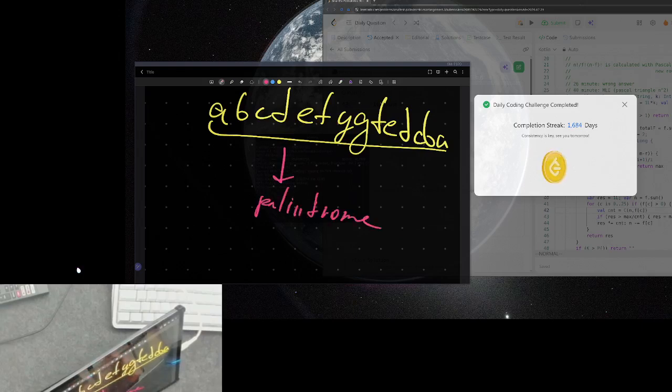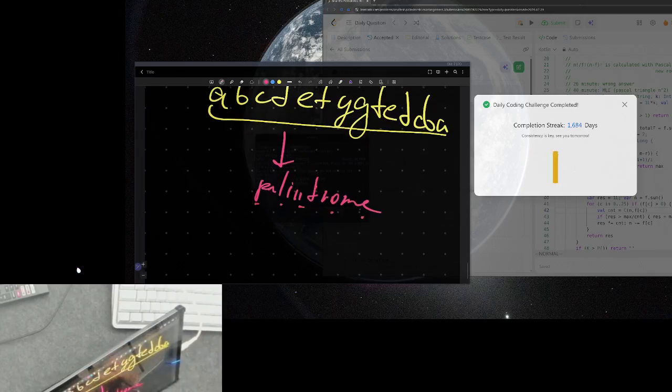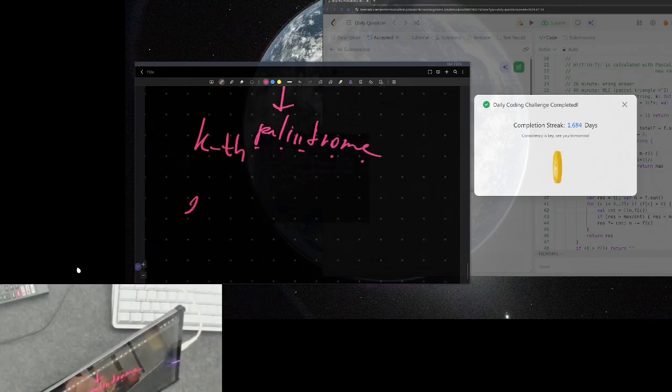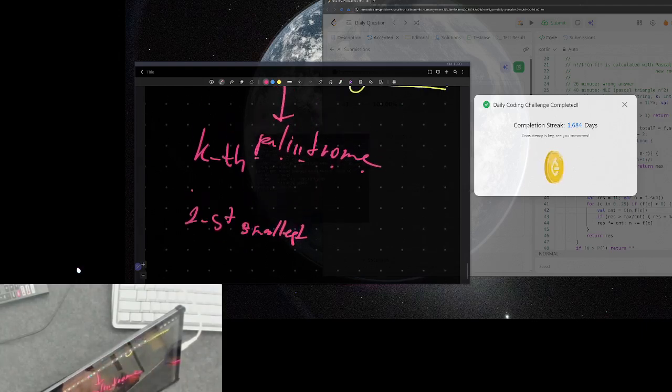that has its place in the k-th position if we have all the palindromes from the first smallest permutation to some x permutation.